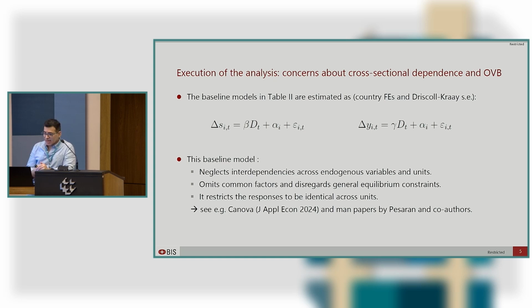And although they account for the possible correlation of the standard errors using Driscoll-Kraay standard errors, that baseline model, in a way, neglects interdependencies across endogenous variables and units, so the countries or the currencies, omits common factors, and also disregards general equilibrium constraints, which is a critique of any model that does not take seriously any cross-sectional dependence.